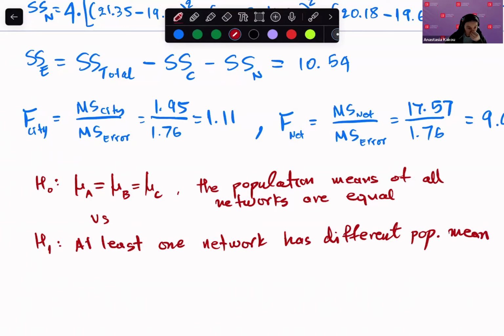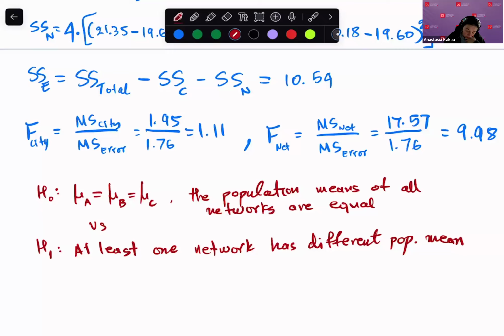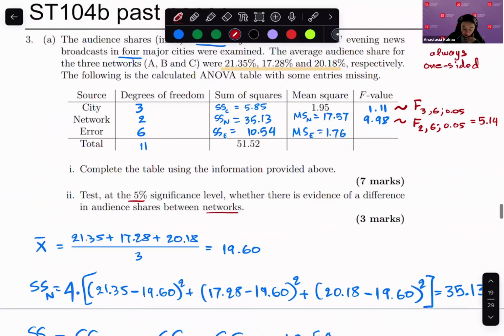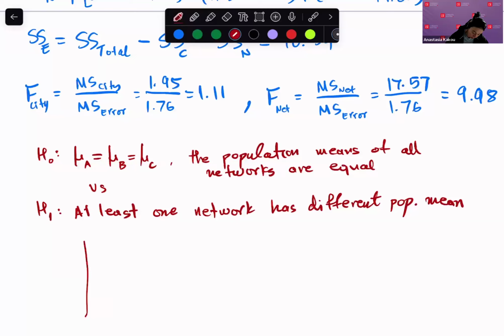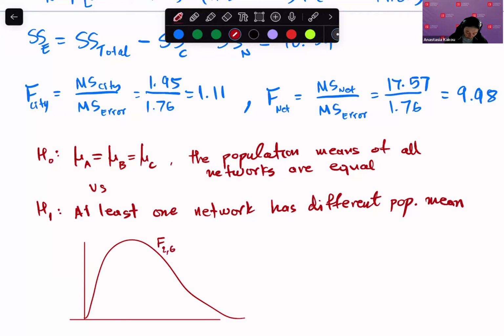So, having stated the hypothesis, we have performed the test and derived the test statistic value. In this case, it's 9.98. We know the distribution. So just to draw a very simple graph, as I said, always one-sided, that will be an F distribution 2, 6.